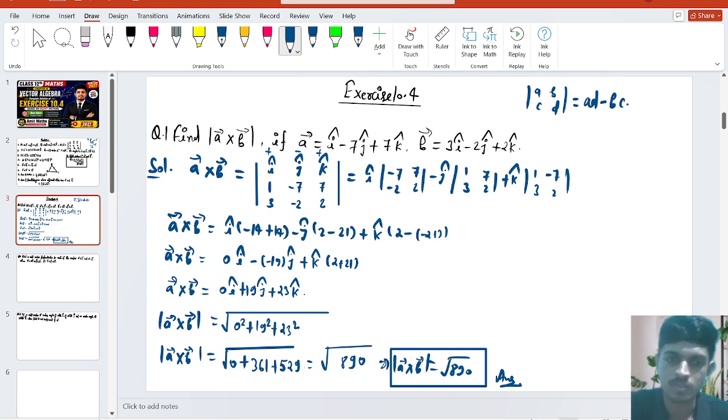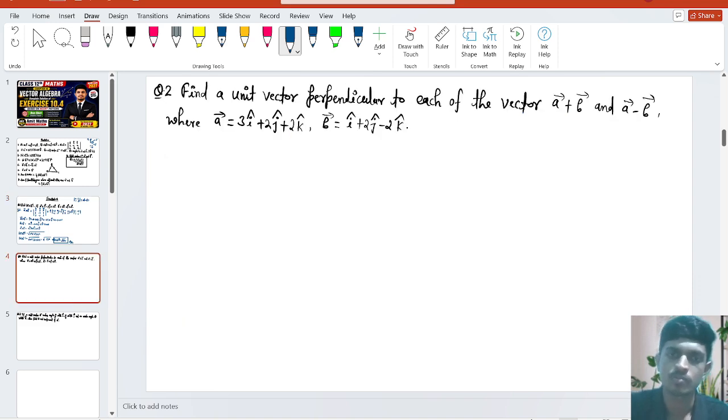So coming to the next. Find the unit vector perpendicular to each of the vectors here. So the solution is: we need to find the unit vector perpendicular to each vector.